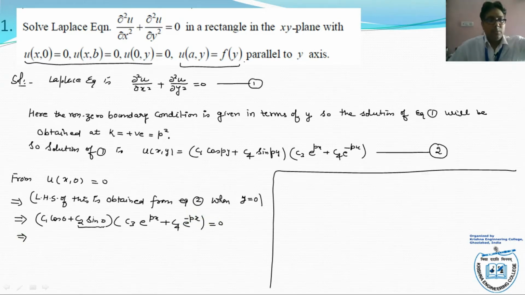The value of cos 0 is equal to 1, so this becomes c1, and the value of sin 0 is equal to 0, so the whole term is equal to 0. So in the first bracket we get only c1 into (c3 e to the power px plus c4 e to the power minus px) as it is.